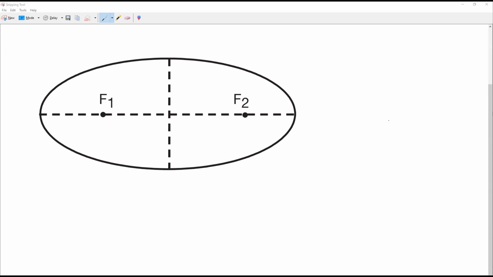Understood? The shape which you are seeing in the figure, I hope everybody is able to see my screen. This is the shape which we call elliptical.